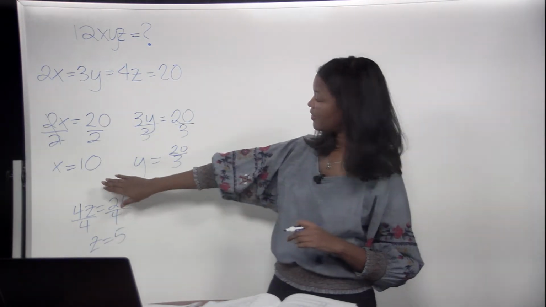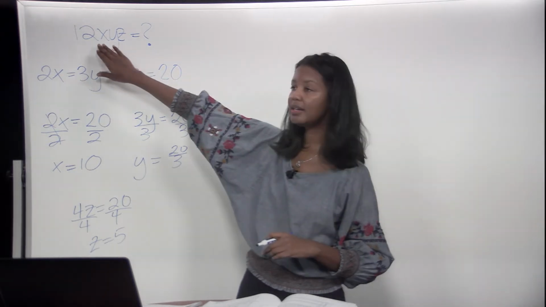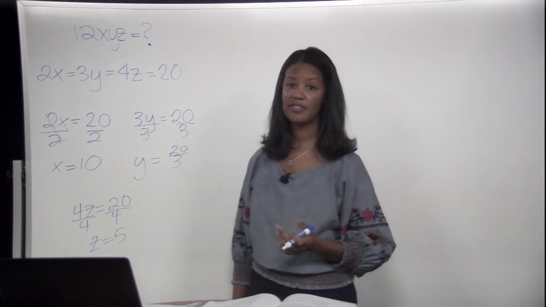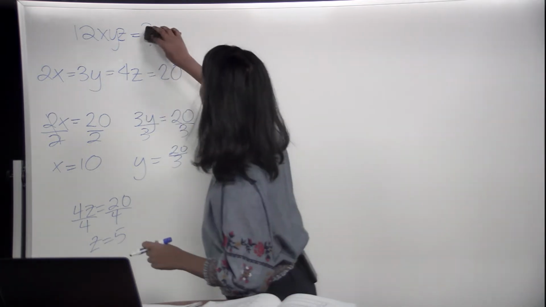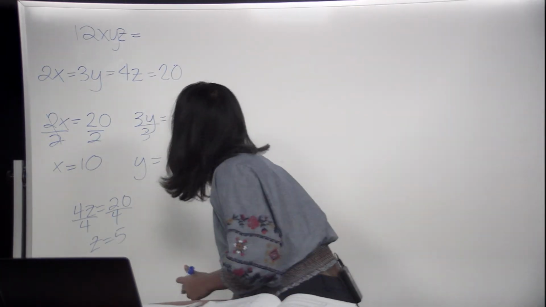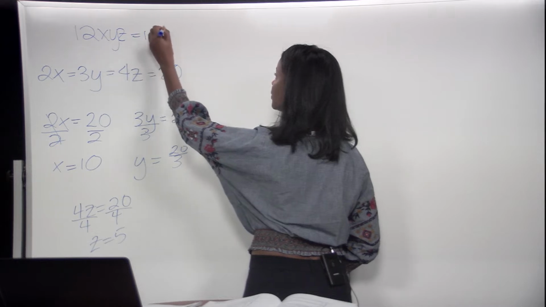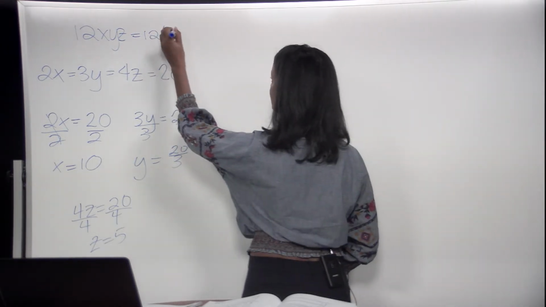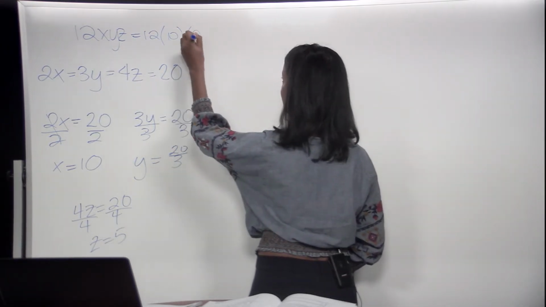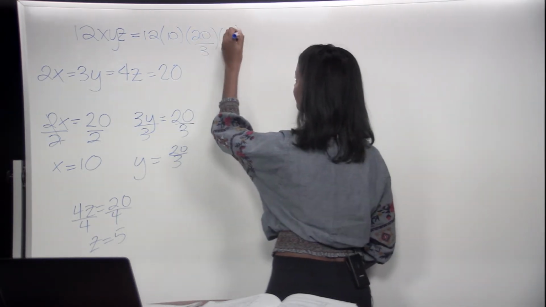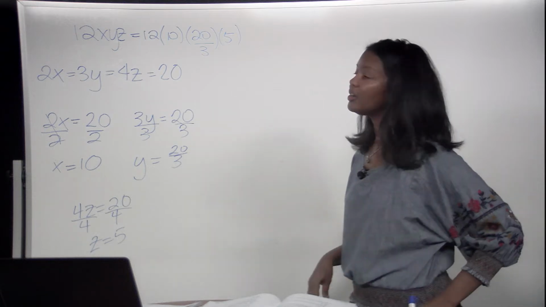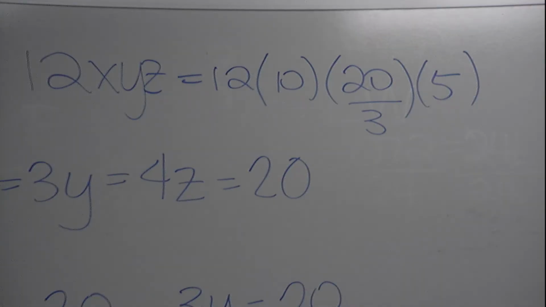So now we have the value of x, y, and z. We can plug it in, and we can solve for 12 times x times y times z. So if we were to plug it in, we would get 12 times x, which is 10, times y, which is 20 over 3, times z, which is 5. Okay, so we can use a calculator for this, but it's something we can also do by hand.